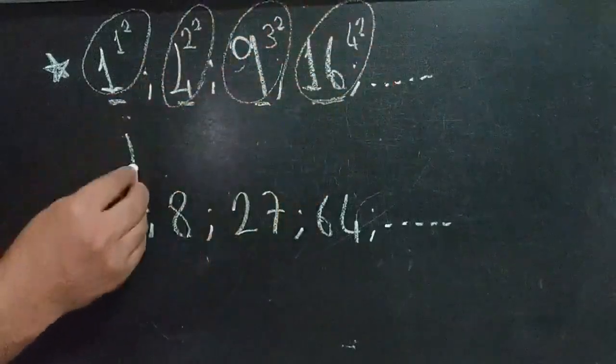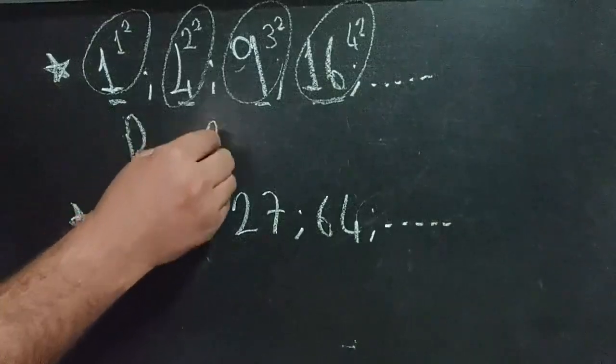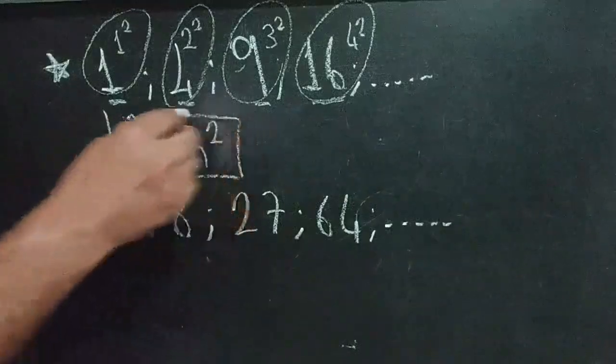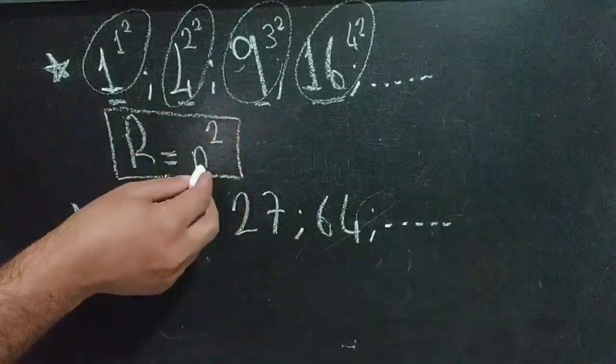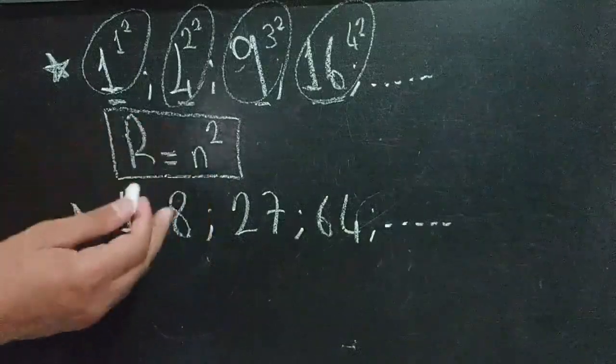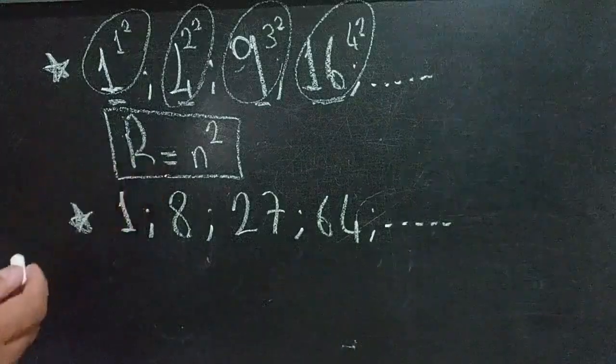So the rule for this one is n square. Rule is R, and n is any letter. It doesn't need to be n. It can be any letter. You can put x square, y square, z square. It is up to you. All right, may I put n square.